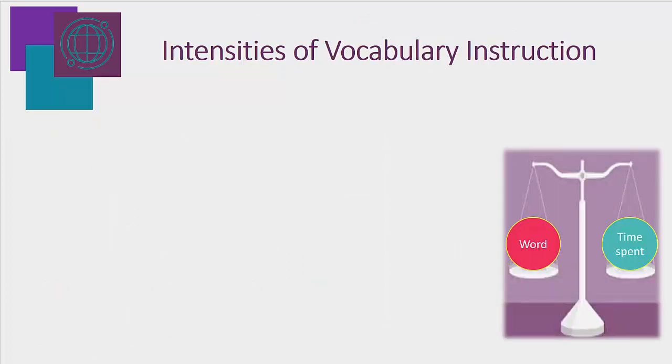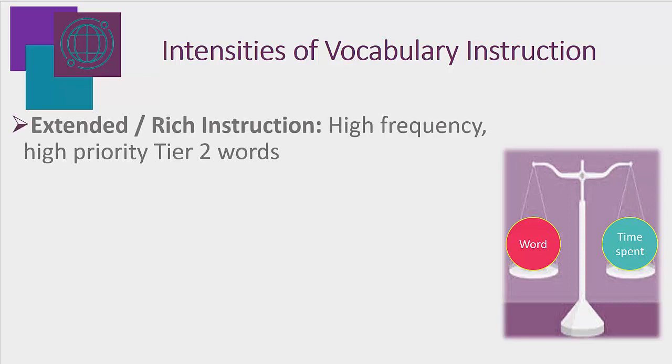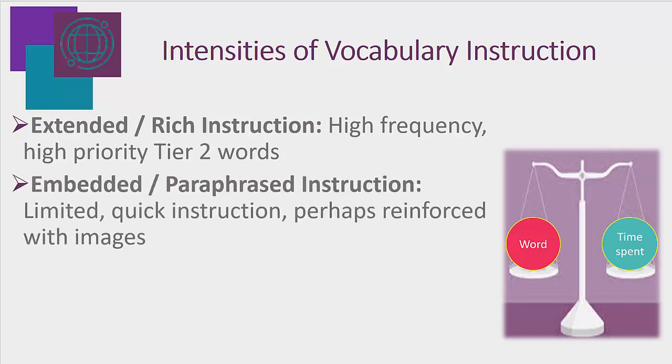Think about how much intensity you will devote to each particular word. Is it an extremely worthwhile word? Then you'll go deep and spend more time in extended instruction, engaging students and using the targeted word through multimodal activities that promote deep processing of word meanings. Is it a word that is good to know but not essential? Perhaps you touch it on the fly as you are reading a text together, or if it's imageable, you can make that image and you're all set.